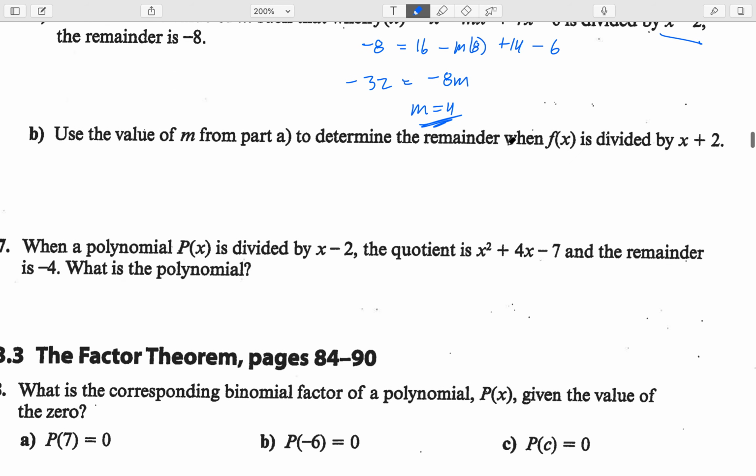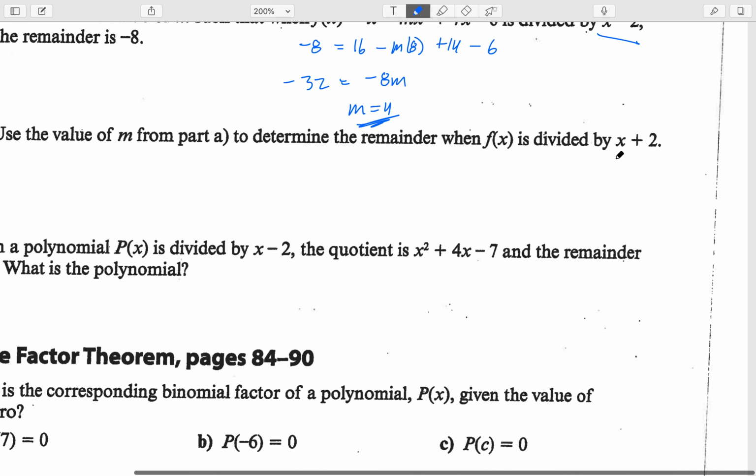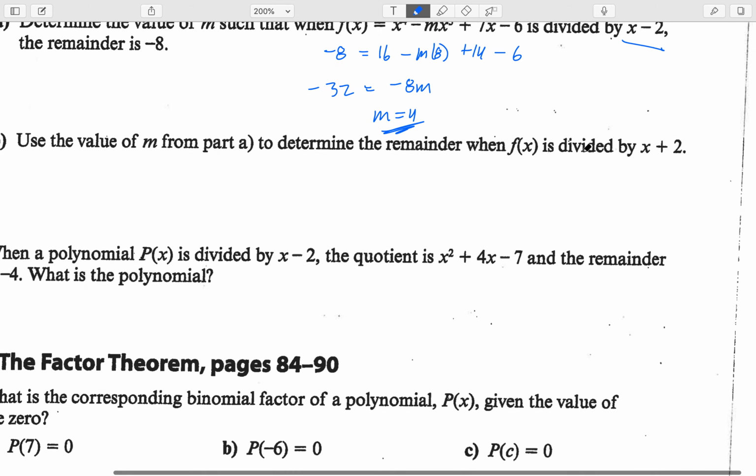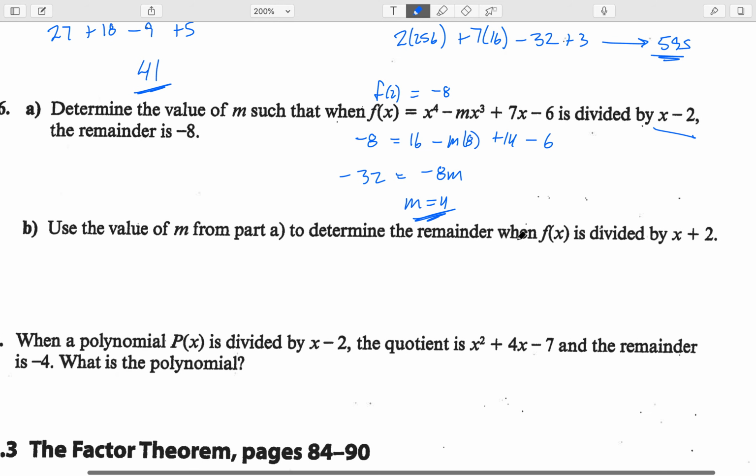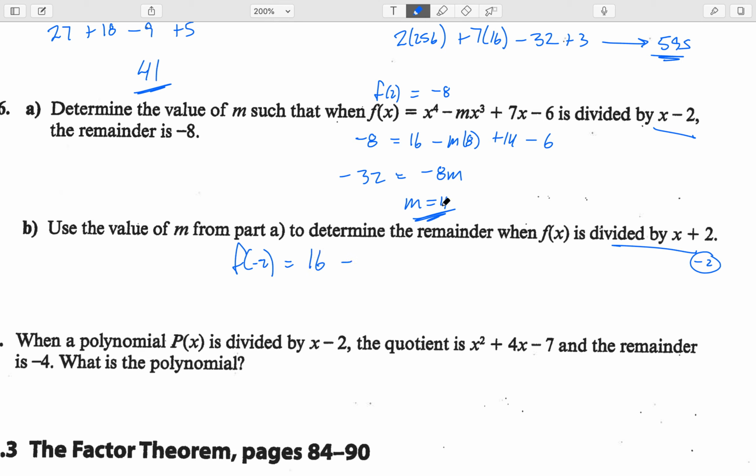Okay, use the value of m to determine the remainder if it's divided by this. So minus 2, I'm going to be plugging it in. If I'm looking for the remainder, I'm plugging in negative 2. So what's f of negative 2? It's going to be negative 2 to the power of 4, so it's 16, minus m, which is 4, and negative 2 cubed is negative 8, plus 7 times negative 2, minus 6.